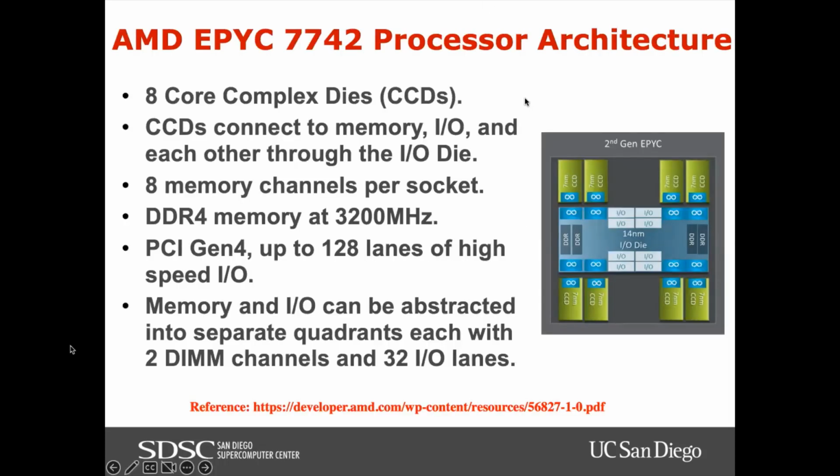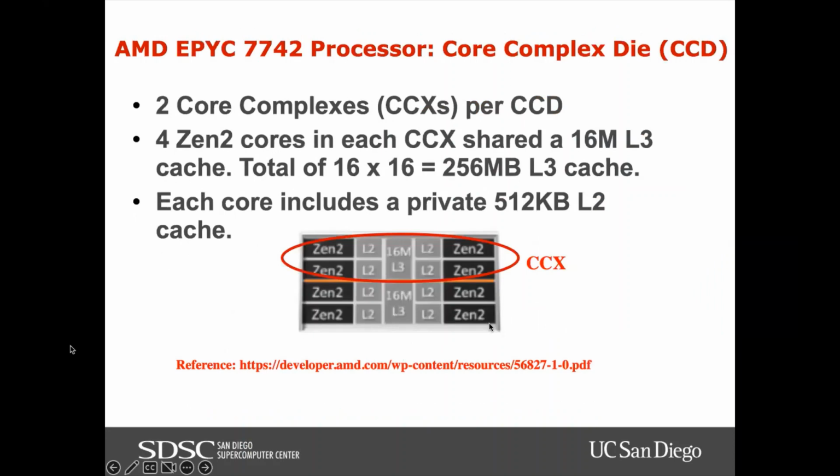So going back, let's recall that processor architecture. You have the 8 core complex dies, the CCDs going through the IO die and so on, right? And in each core complex die, there are 2 core complexes, each with 4 Zen 2 cores sharing an L3 cache.